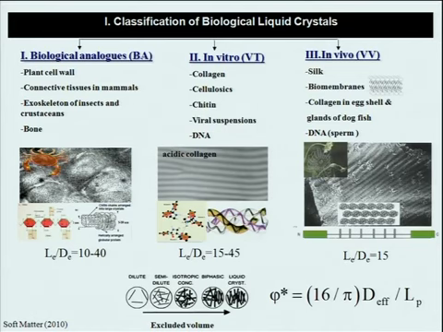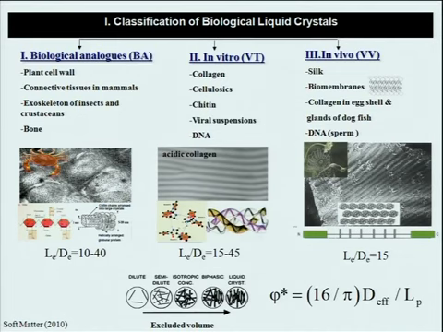So the classification of these systems in the literature is in terms of biological analogs. These are solidified liquid crystallinity, and they are displayed by plants and insects: plant cell wall, connective tissue of mammals, exoskeleton of insects, bone, for example.